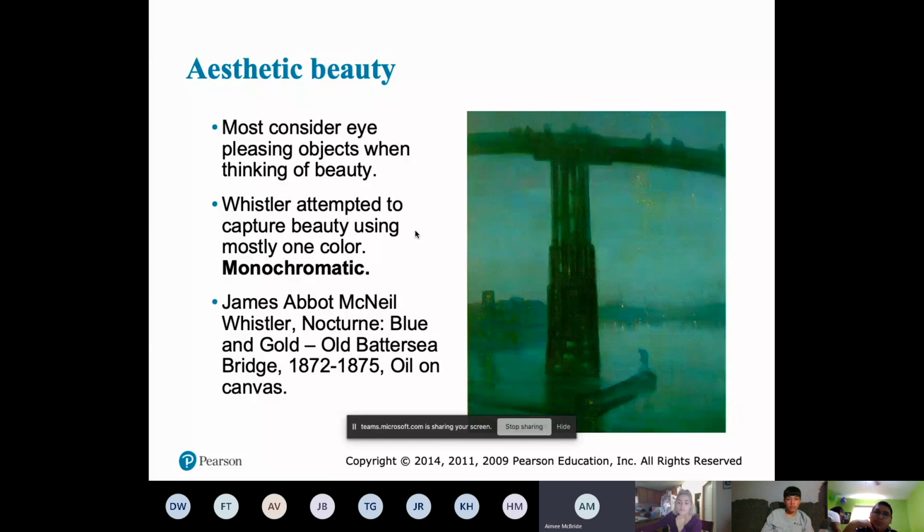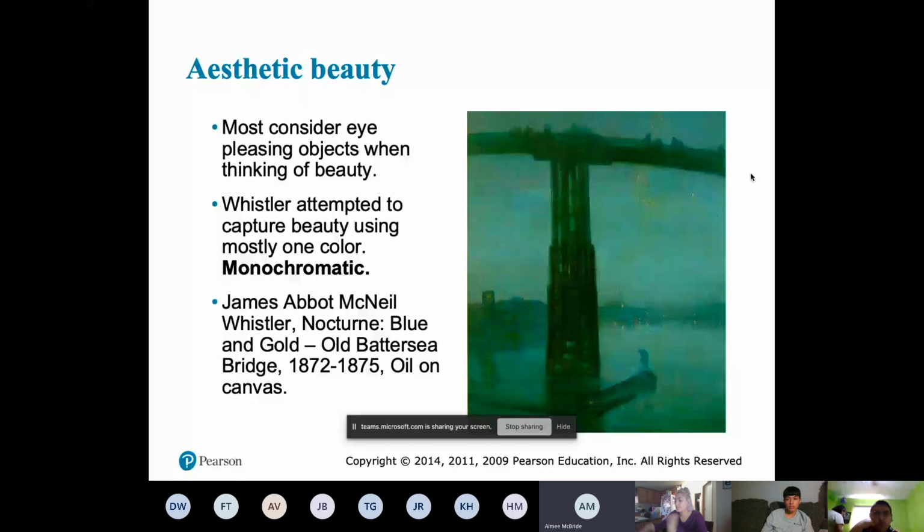Okay, so this is Whistler attempting to capture a firework in the form of a painting. Fireworks were just starting to become more common for middle-class viewers at this time in history. And Whistler thought that a firework was extremely beautiful and he wanted to try and paint it. So back here in the background, really far away, you see little yellow dots.